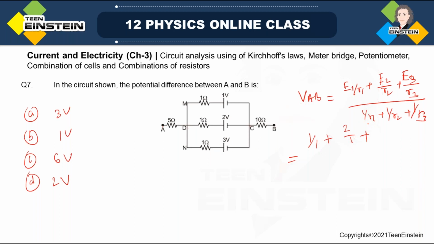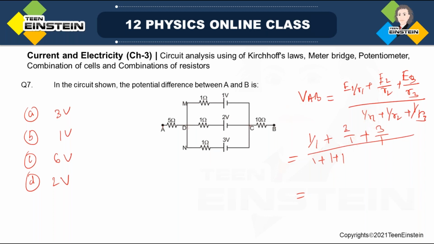Now this has a battery, this and 1. In the denominator, this will be 1 over 1, 1 over 1, 1 over 1. These are all 1.